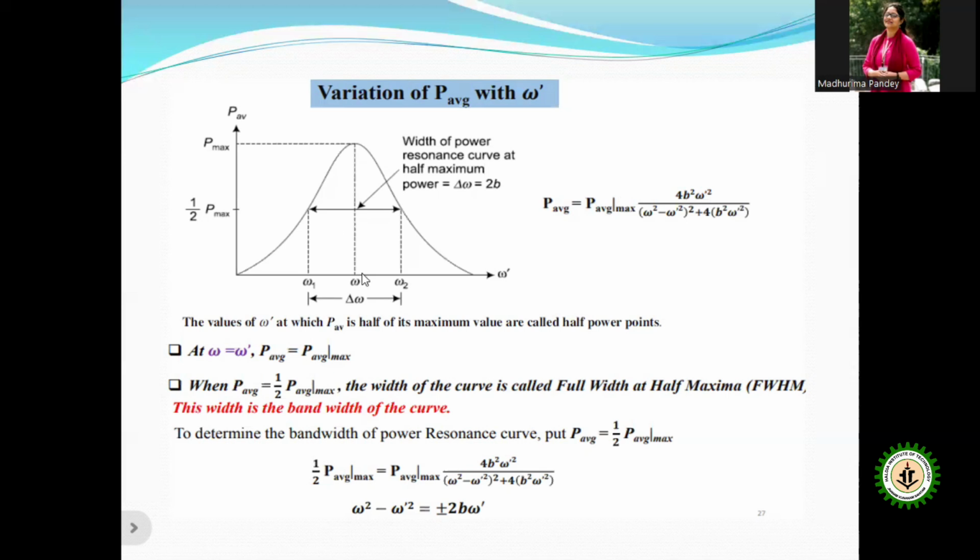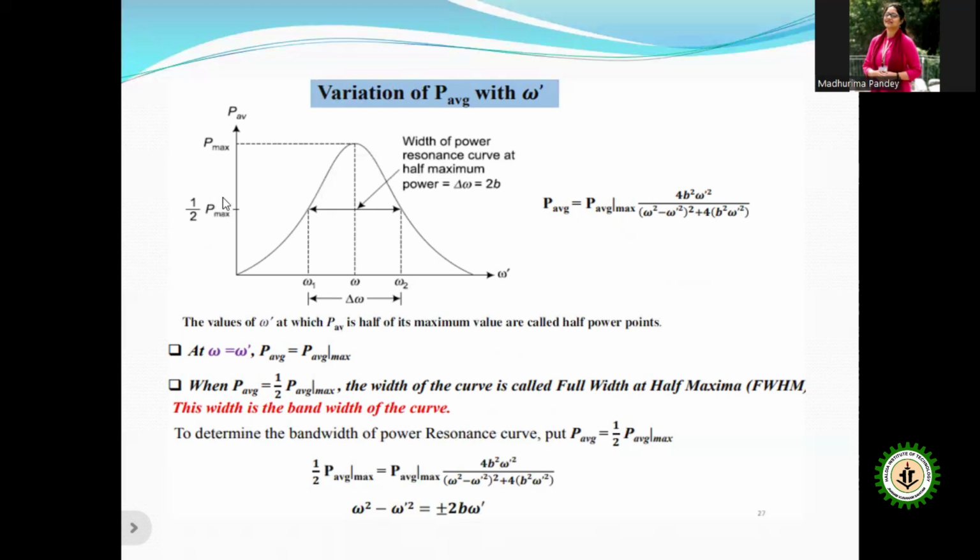Now here the peak gives the maxima value. We already know that we obtain the resonance condition when omega is equal to omega prime, so when omega prime is omega, we get the maxima value. Now let us consider that at two certain points, omega 1 and omega 2, the power is half of the maxima value.